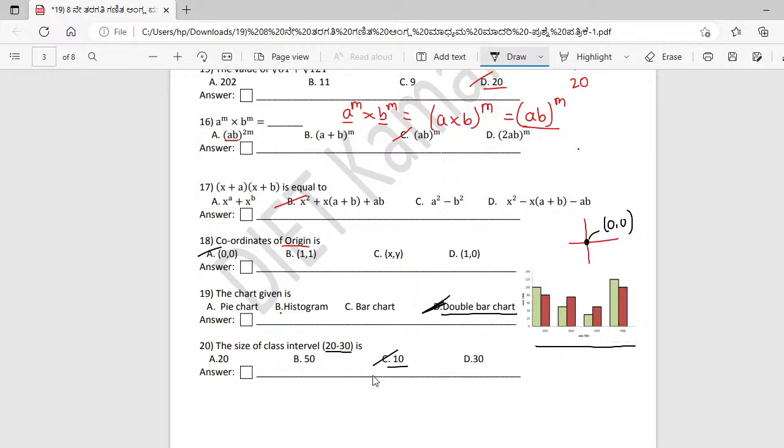I'll give you a few seconds to copy down and note down the answers for the multiple choice questions. We are going to go with the second main, that is the descriptive part. We should try to solve as much as possible in this limited time.